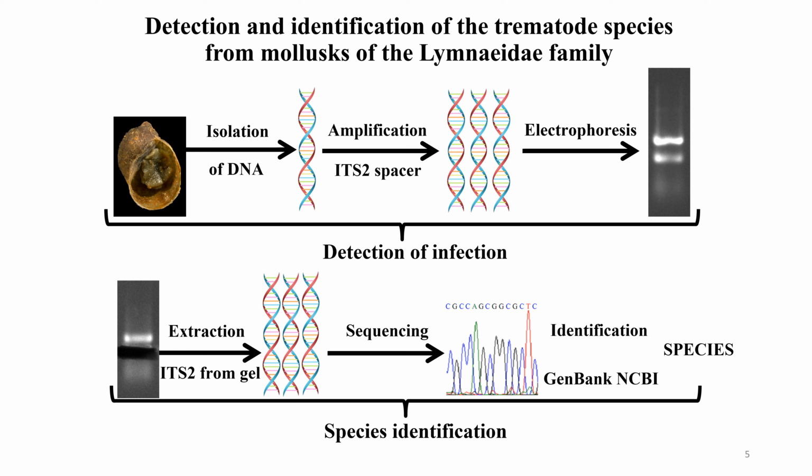The fragment isolated from the gel was prepared and sent for sequencing. As a result of sequencing, information about the nucleotide sequence of the trematode DNA was obtained. The obtained sequences were analyzed in the BLAST program and in the GenBank database.